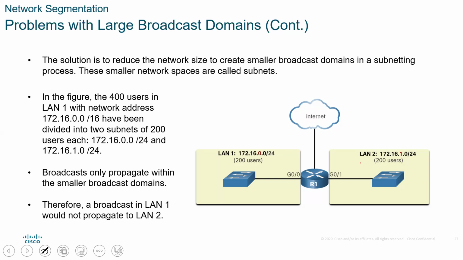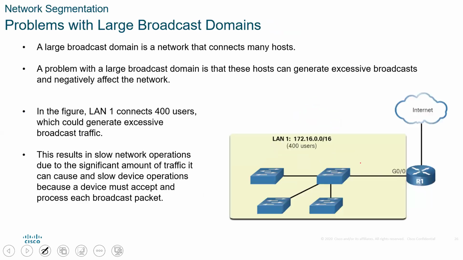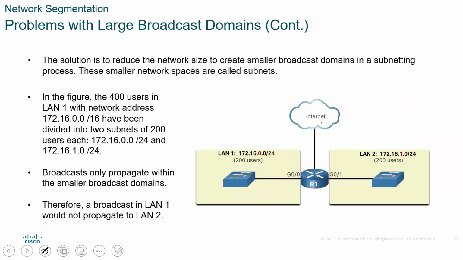So previously here, you have 400 users, and the IP address 172.16.0.0/16. If you subnet it, which we're going to be doing by next class, this one becomes /24 and /24.